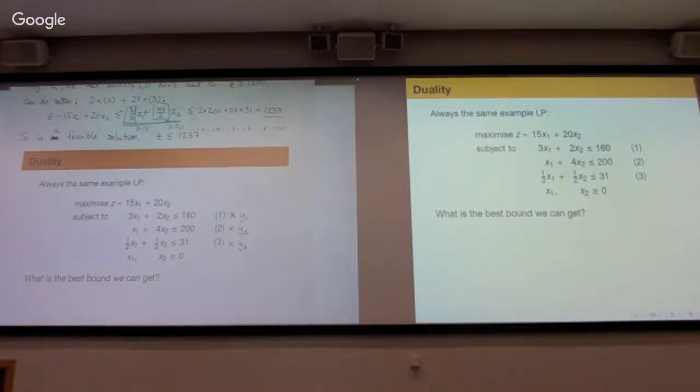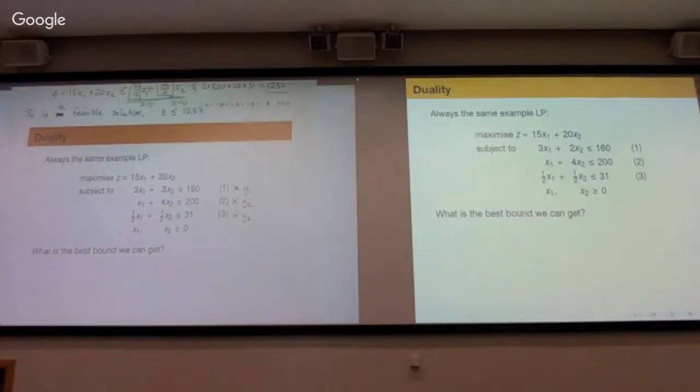And if we do that and add these three constraints together, what we're going to get is, well, the coefficient of x1 is going to be 3y1 plus y2 plus 1/2 of y3. And that's what's going to sit at x1. Okay.